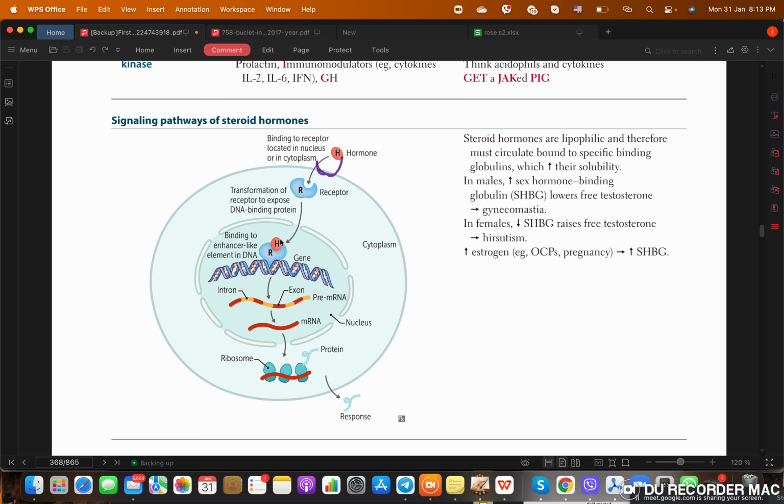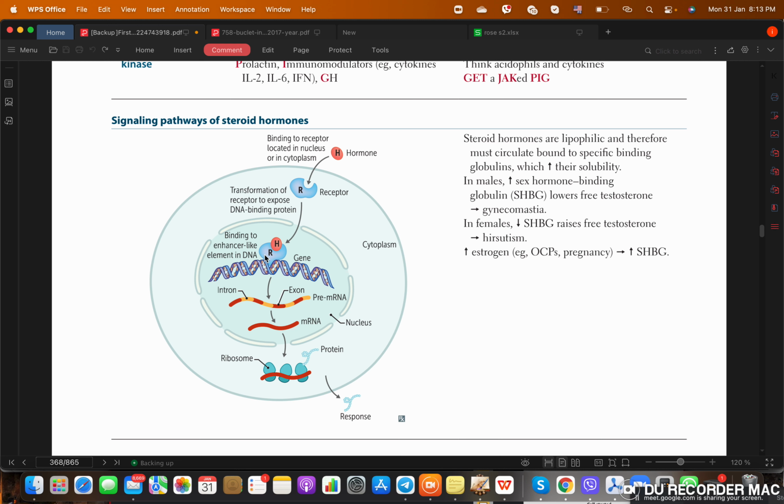the protein. We are speaking about now, actually, this is not cellular, this is intracellular, because the receptor here is either located in the cytoplasm or inside of the nucleus. The extracellular receptor should be located at the outer membrane, okay? So here we have the hormone binding to its receptor, which is located in the cytoplasm, and they lead to a transformation of the receptor to be able to bind the gene.